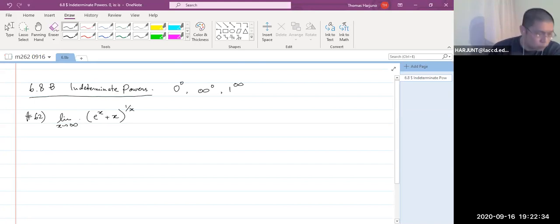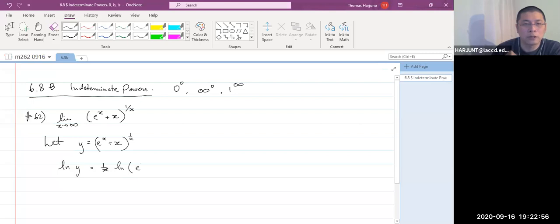This is equal to, we do it this way first. We let y equal to, we cannot attack that directly, e to the x plus x to the power of 1 over x. Then I apply natural log. That's 1 over x, natural log of e to the x plus x.